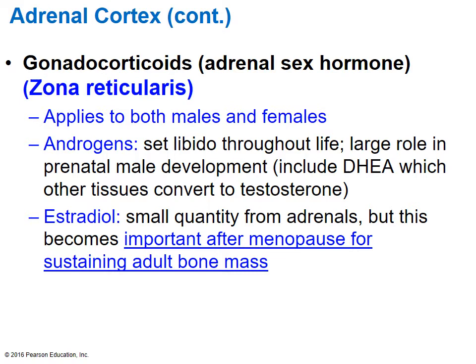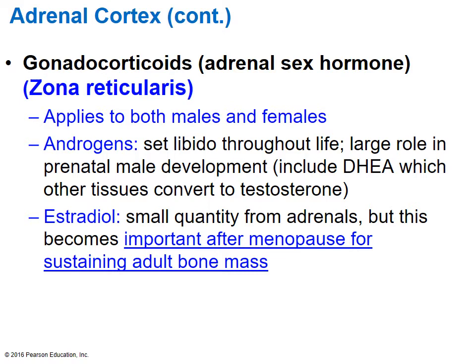The gonadocorticoids are going to be your sex hormones. So these are going to be applicable to both the males and the females. And what we see is that this particular layer of the adrenal cortex will provide an additional source of androgens, meaning both testosterone and estrogen.